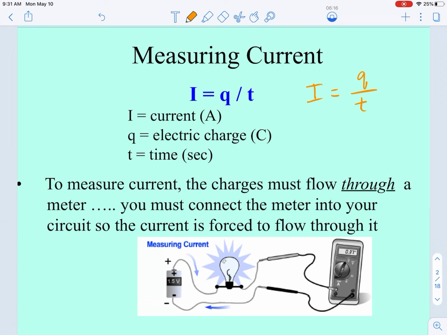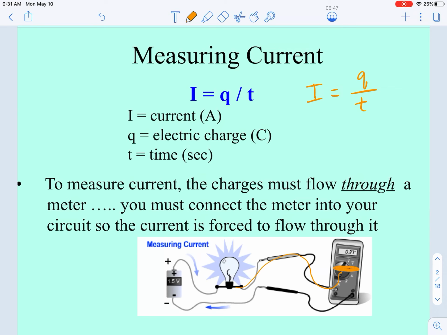So in order for us to have a current to measure, the electrons have to be moving. So what you see in this illustration is a device that is there to measure the current. This is called an ammeter, and what an ammeter does is it inserts itself into the electric circuit so that when those electrons are flowing, they are literally passing through this machine.